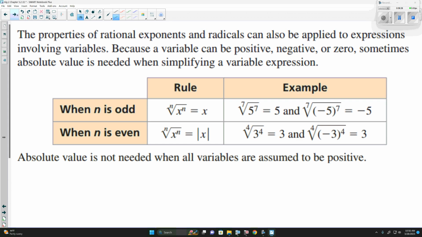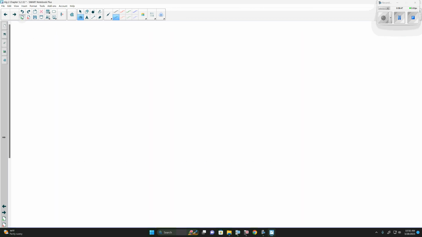Now, we can still do this simplifying with variables. But the issue comes in really when we take the even root with an even exponent. Because, as we have here, the 4th root of 3 to the 4th. So we take the 4th root of 3 to the 4th, and we write this out.